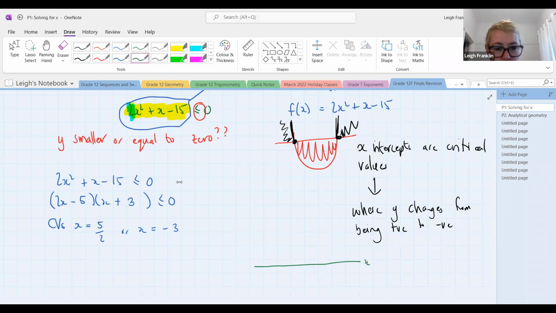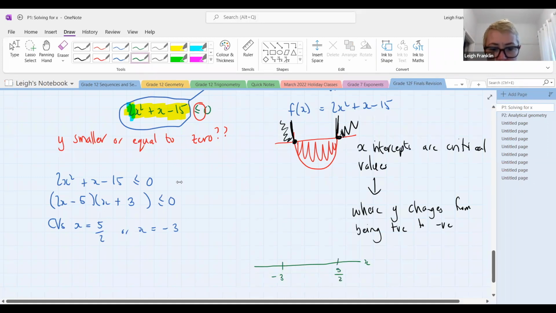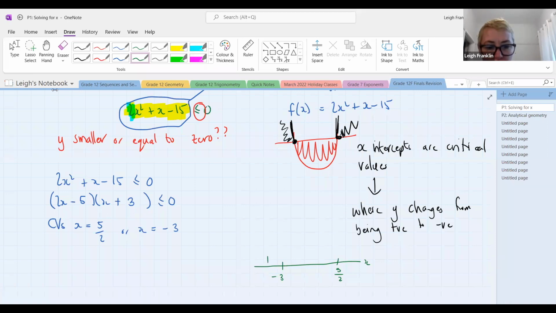Your smaller number will be on the left, your larger number will be on the right, because the x-axis is a number line, right? We know that this is a smiley face parabola, so we know that here it's positive, there it's negative, and there it's positive.